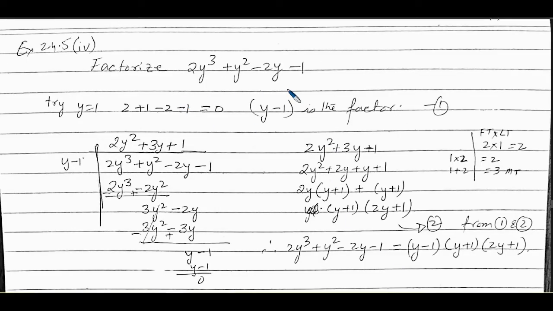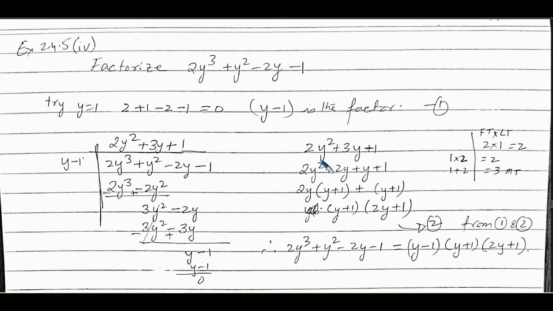Now factorize this again by my guessing method. If y equal to 1 gives 0, then y minus 1 is the factor. So since y minus 1 is a factor, this is your dividend. You try to get a quotient. You go through it. I have discussed this earlier, how you have to keep eliminating first 2y cube, then this y square, then this, till you get some remainder 1 or 0. Okay, but for factors you always have to have remainder 0.